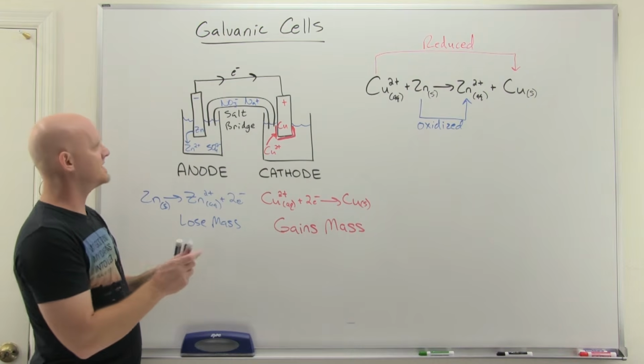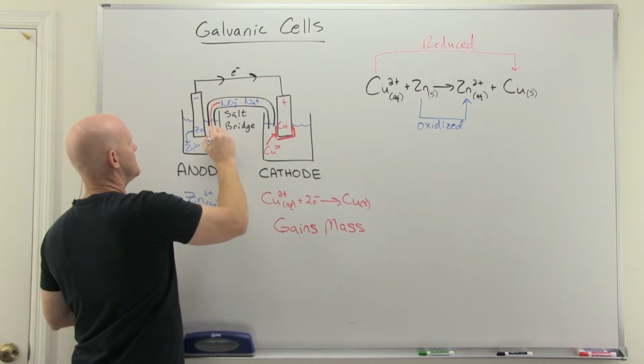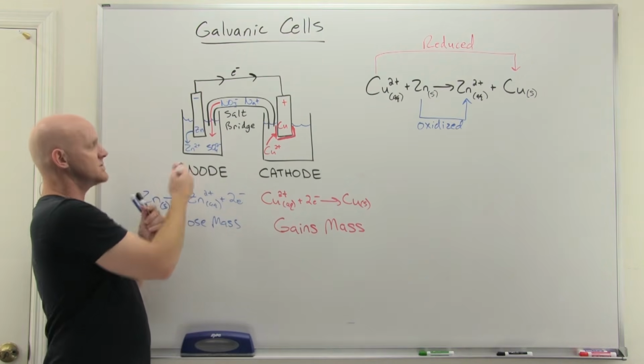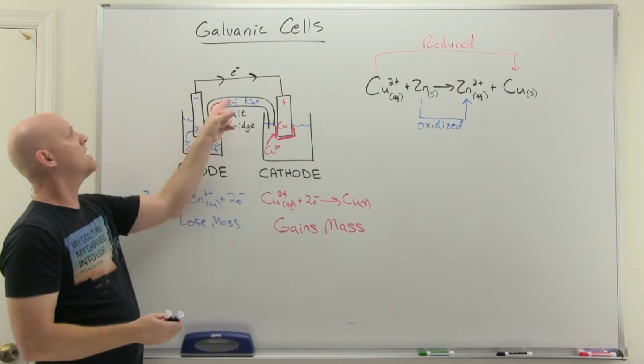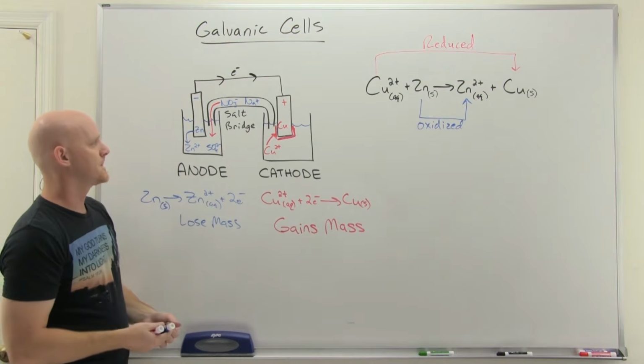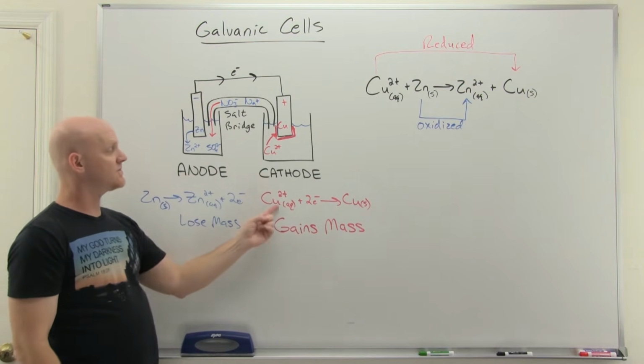And so what you're going to find is that anions, the NO3 here, have to flow into the anode so that there's no excess cations. It keeps the solution neutral. As we start producing more and more cations, we have more and more flow of anions to keep the solution neutral. All right, so on the other side though, instead of producing cations, we're actually consuming all of our cations.